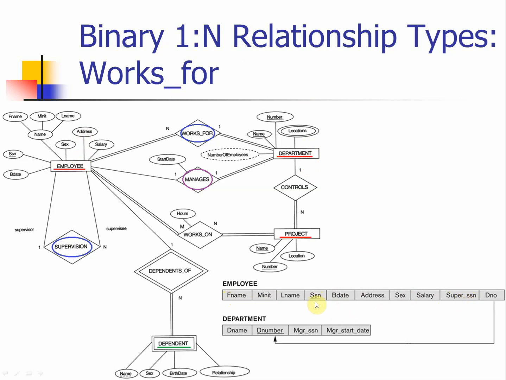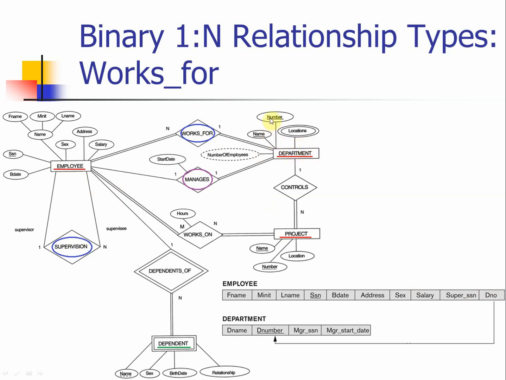I don't want you to get diverted by that, so I take it away. I want you to focus on what we are handling right now. Later, we will have a slide that includes all the relationships that we create. So you can see that what we are going to do is turn this works on into an attribute, which is the DNO over here, department number, indicating which department number they are working for.